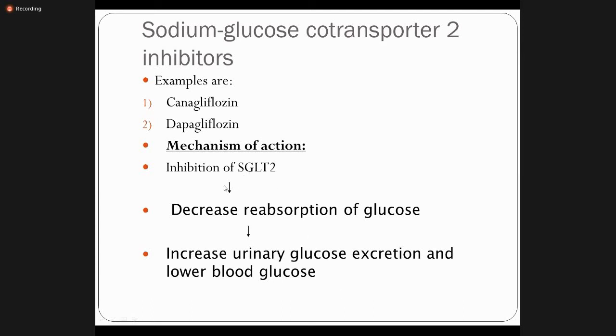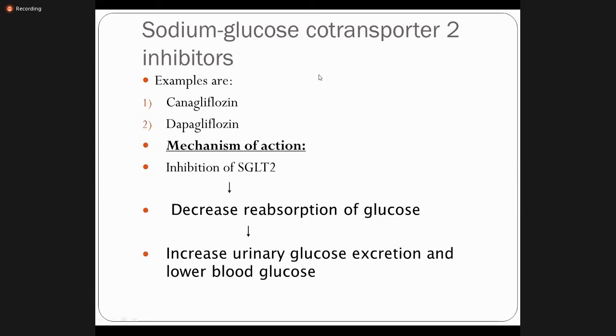So, inhibition of this sodium glucose co-transporter, because normally it prevents the excretion of glucose in the urine, because normally there are no traces of glucose in urine, right? Why? Because normally this sodium glucose co-transporter 2 prevents the release of glucose in urine, right?